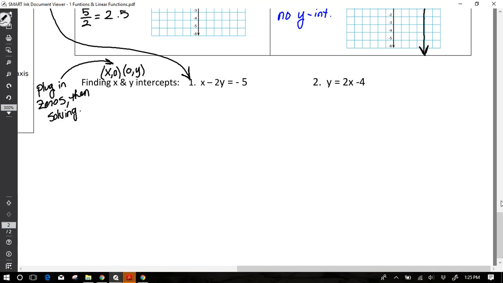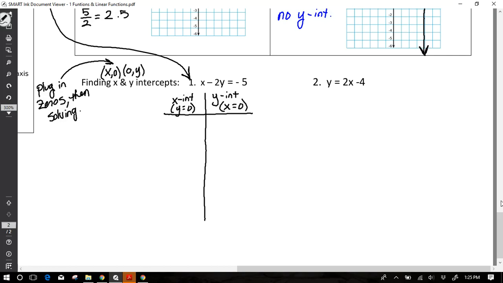It's going to be very organized, okay? I'm going to make a table, and on the left, I'm going to find my x-intercept, and that is where the y value equals 0. And on the right, I'm going to find my y-intercept, and that is, remember, where the x will equal 0.